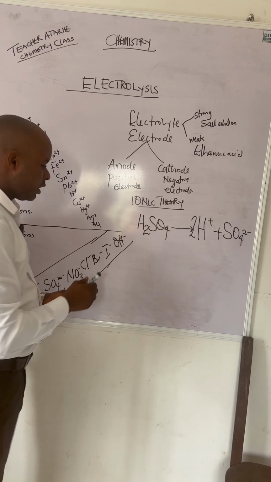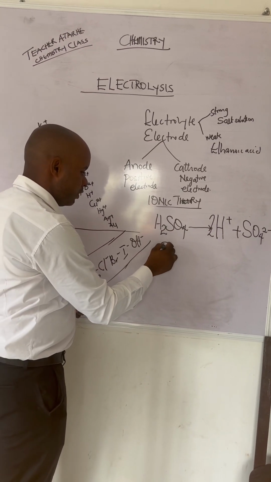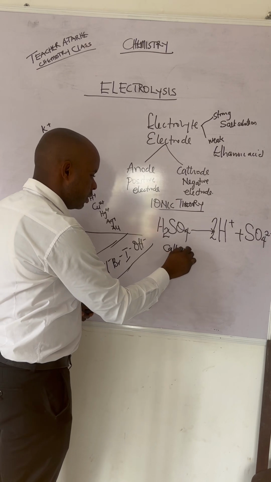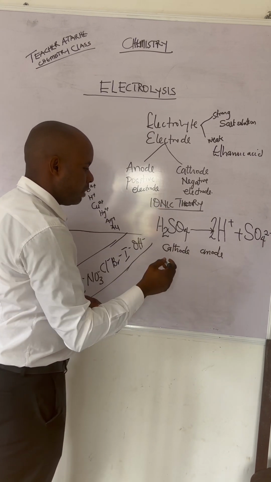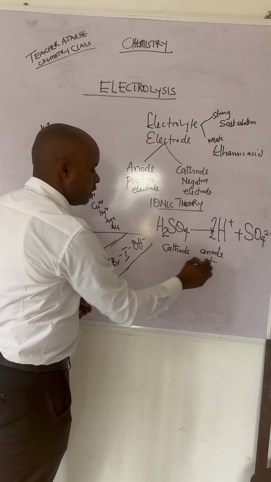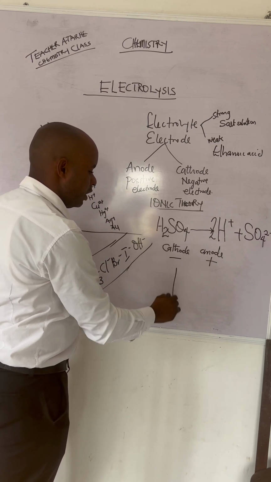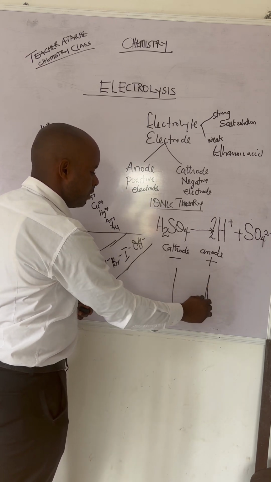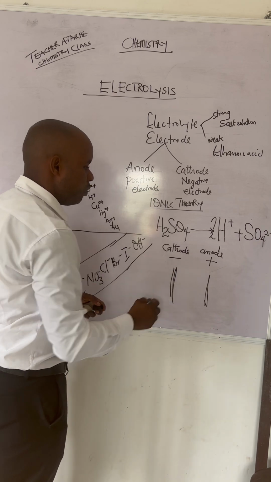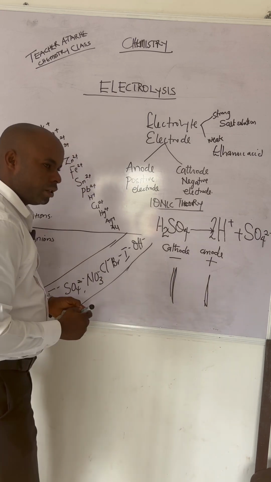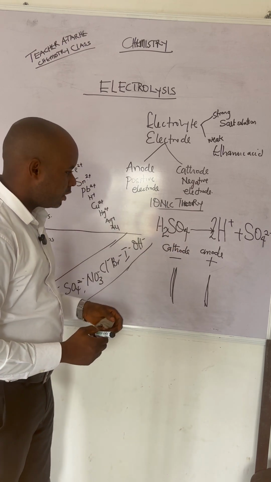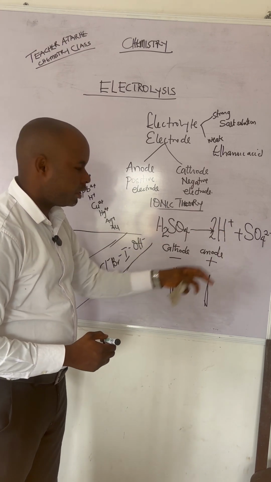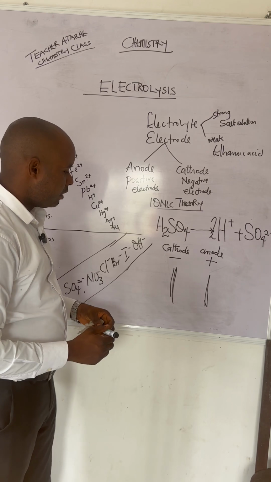So we have the cathode and the anode. From our terms that we explained, one is the positive pole and the other is the negative pole. So what happens during electrolysis? If an acid is involved, this acid will dissociate into two parts, the positive and the negative.